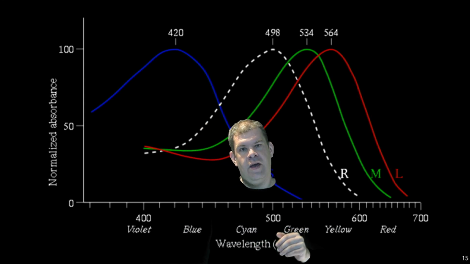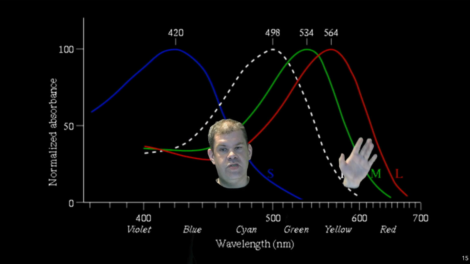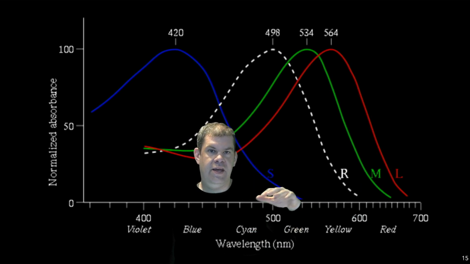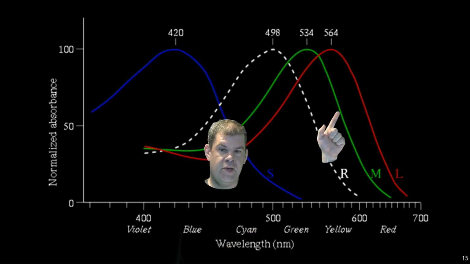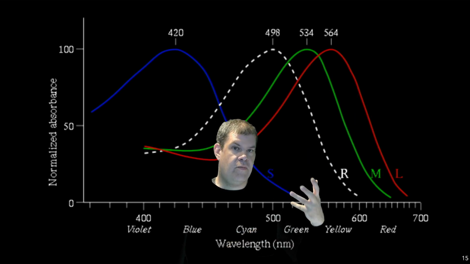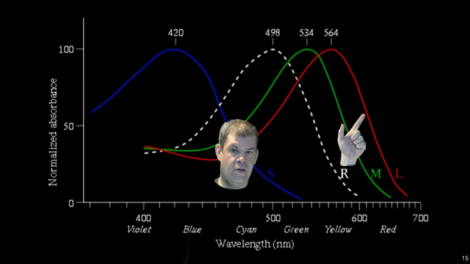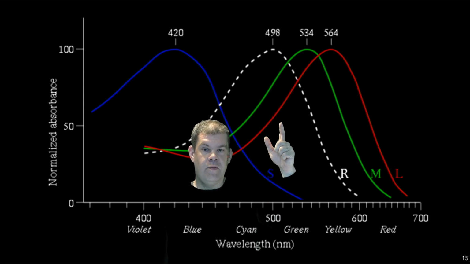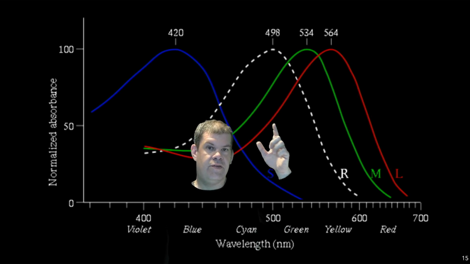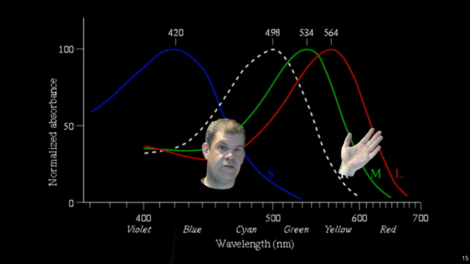Since the detectors overlap and they have different shapes, under normal trichromatic vision we get a response here that's a lot of L and very little M response, and here we would get more M and less L response. So this is why our brain can distinguish the two situations.